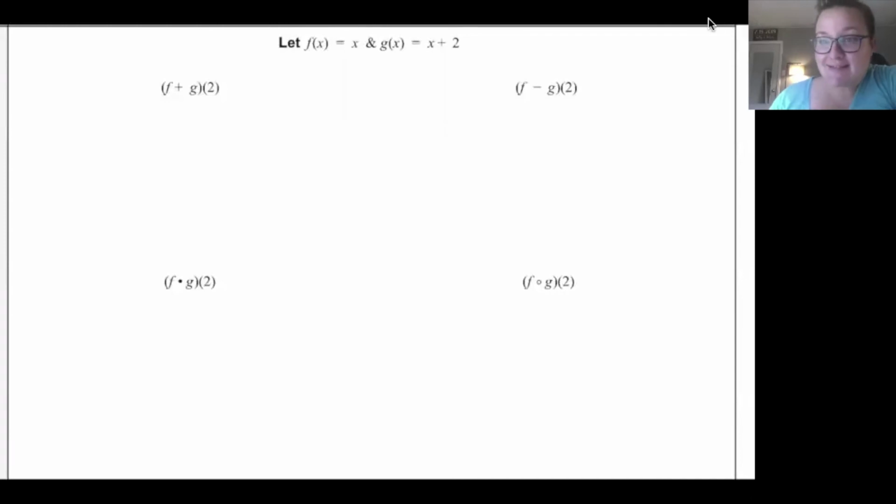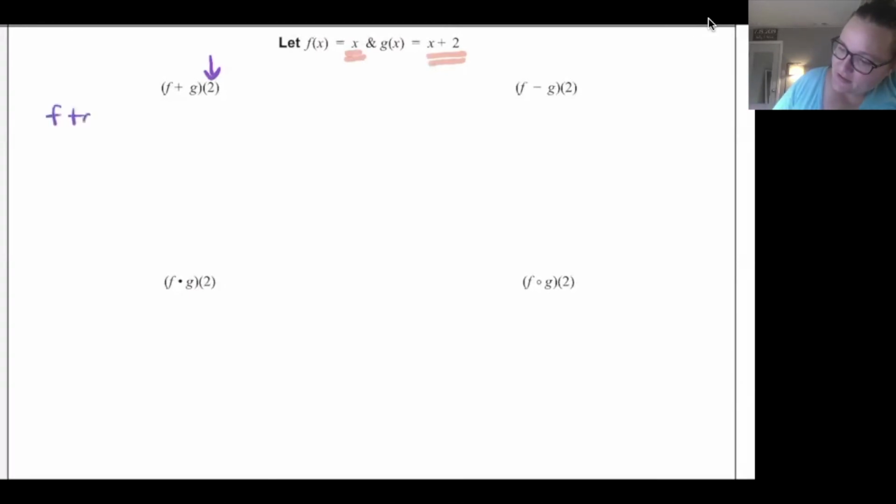For the last example, I'm going to show you how to substitute numbers into a function operation. So we're going to let f of x be x and g of x be x plus 2. So now we have f plus g of 2. That means that we're going to add f and g of x together, but we're also going to plug in 2 for x.